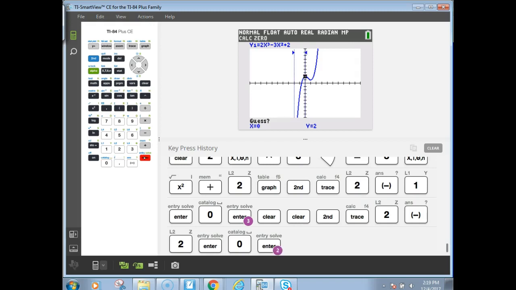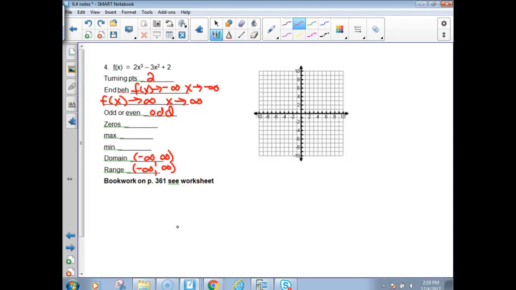I don't know why I chose to change it instead of -1, but I did. Yeah, it was very slow. I got -0.680, and that was the only zero.